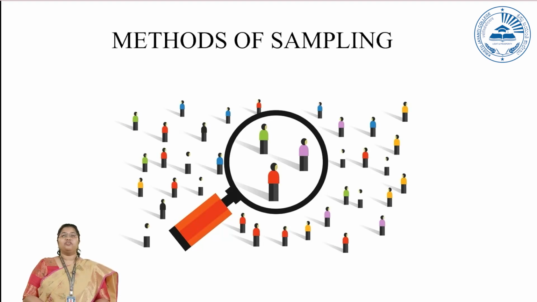So I will choose around 2000 people, 3000 people and do the research. So those 2000, 3000 people are my sample. But what is important to understand is how I choose those 1000, 2000 or 3000 people. So what is the method that we as researchers can use?